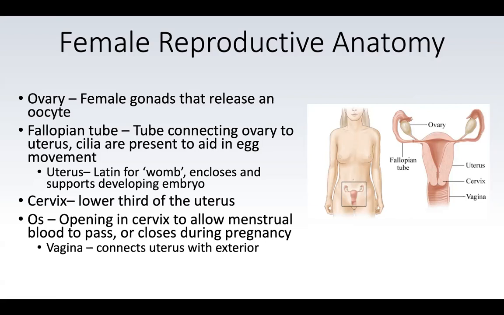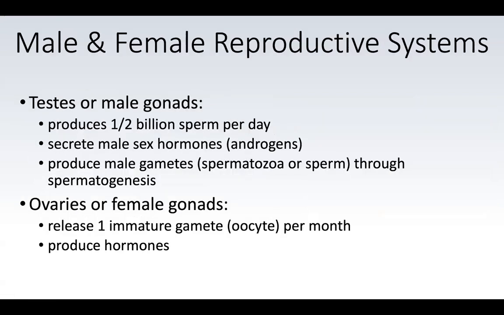The other structure, if you can call it that, that exits through the cervix would be, after 9 months of pregnancy, the baby. Now, the cervix is also the entrance through which sperm would have to pass to get into the uterus and into the fallopian tube for possible conception, for possible fertilization.